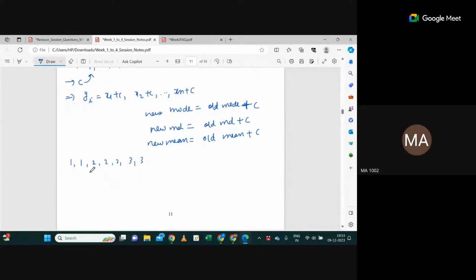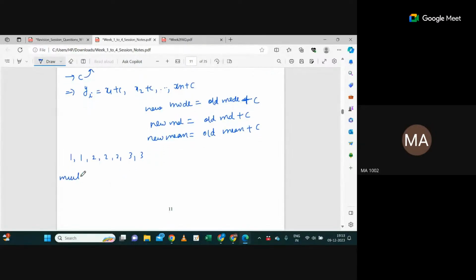Suppose I want to multiply by a constant. Let's say multiply by 2 itself, or let's say 3. So what will be my new data set? The new data will be 3, 3, 6, 6, 6, 9, 9. Now we can observe the property.